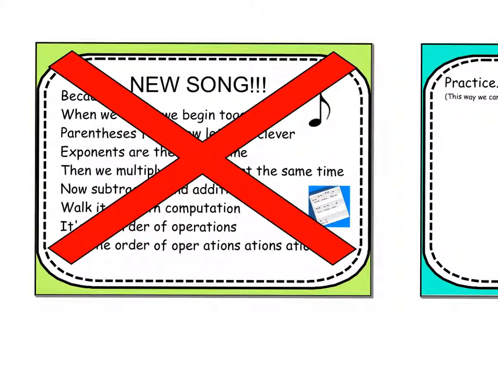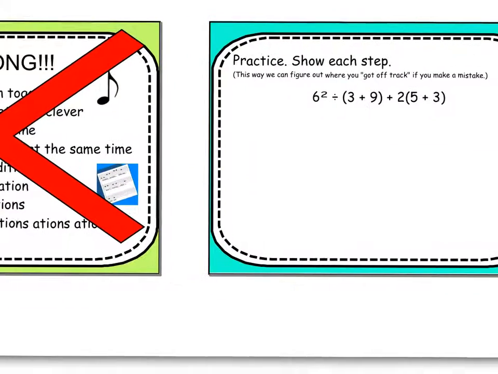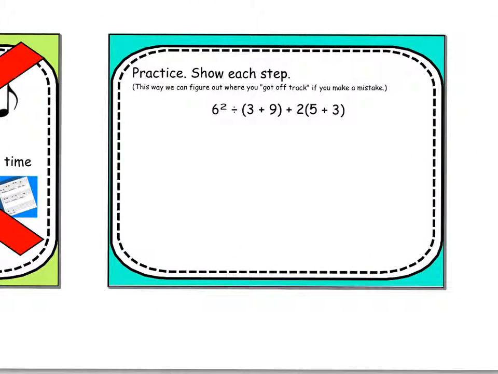Again, you can go to the song that I have posted on my YouTube site as well, but it helps us to remember the order of operations. I can share with you the first couple verses or the main parts as I go through the practice problems. I ask that students go through and show each step just so that I can see where they went wrong if they make a mistake in their work.